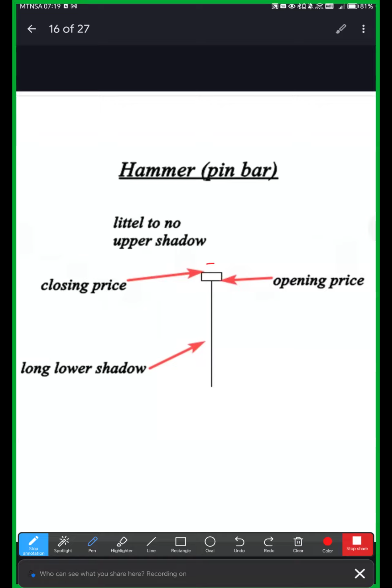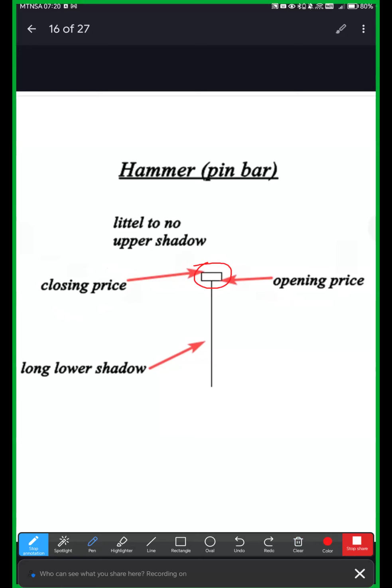The hammer should have the head. But the opening and the closing are almost at the same price. But there is a body. With the hammer, there is a body, different from a doji.